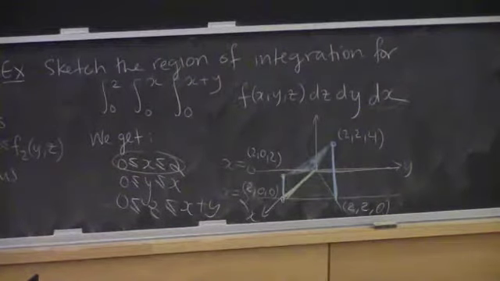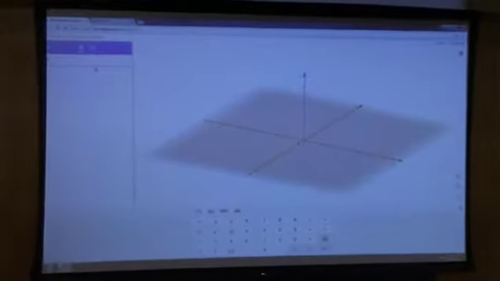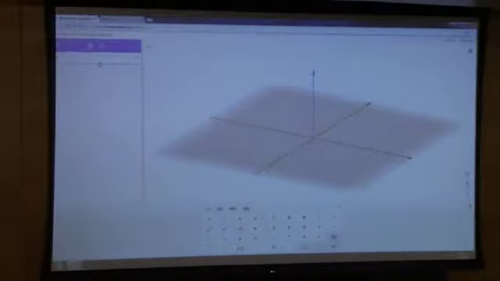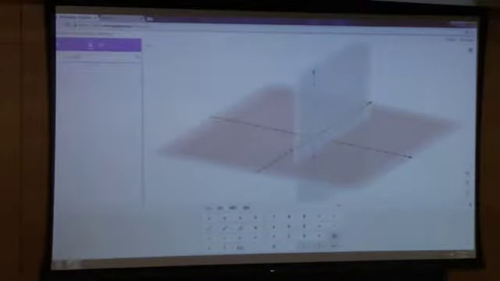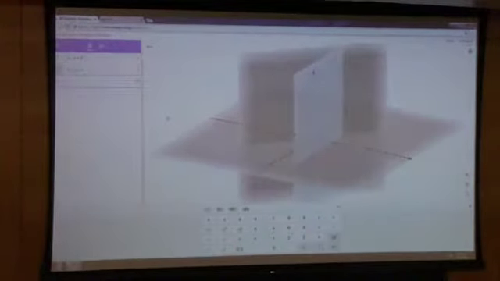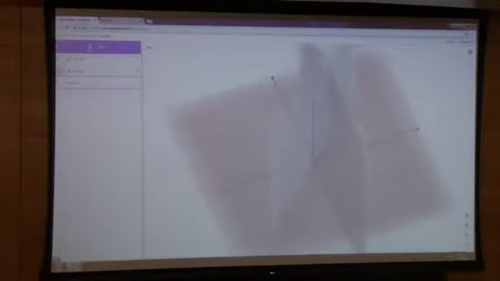Let's try plotting it. Okay, so we'll draw in the condition x is equal to 2. We'll draw in the condition y is equal to x. Okay, so that is the green wedge that we're seeing there. This green wedge is this small triangle here.